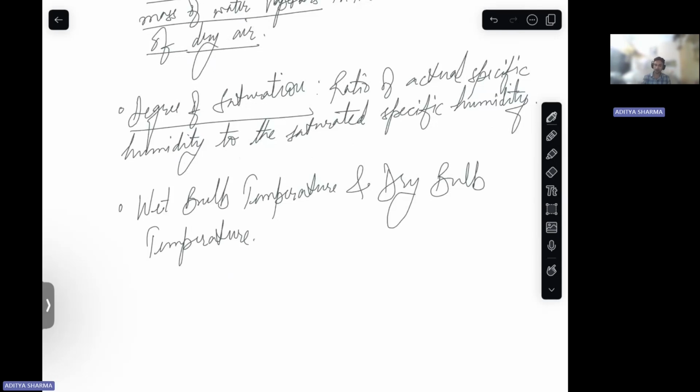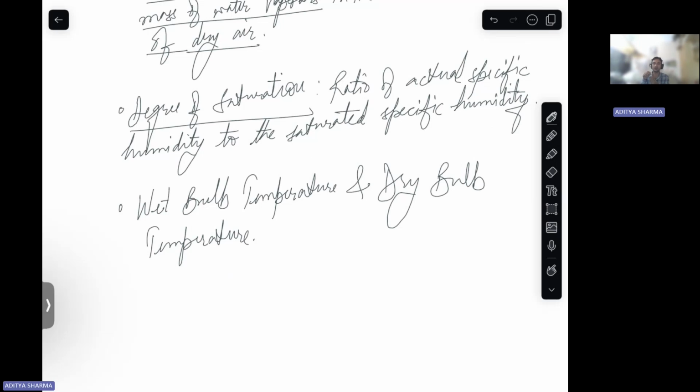The bulb of the thermometer takes the heat to give us the temperature value. If mercury is there, the bulb will take the heat and the mercury will expand because of heat.